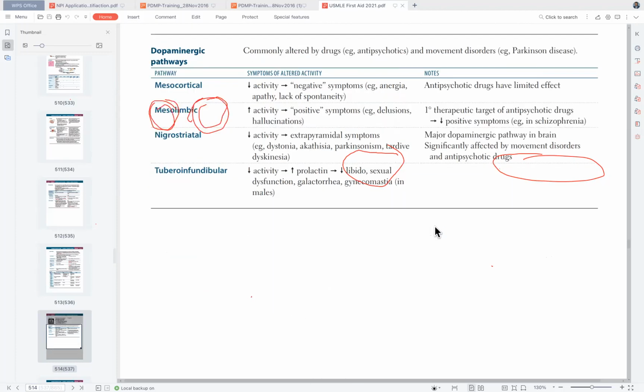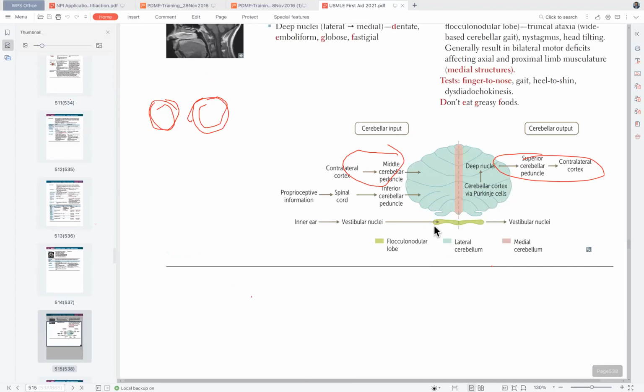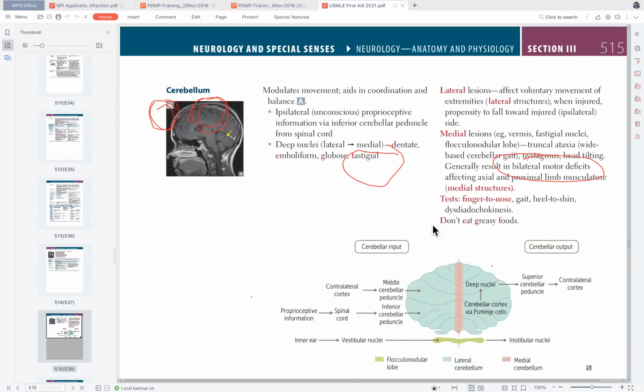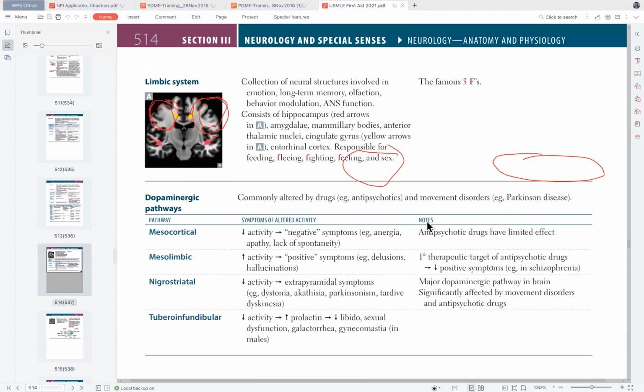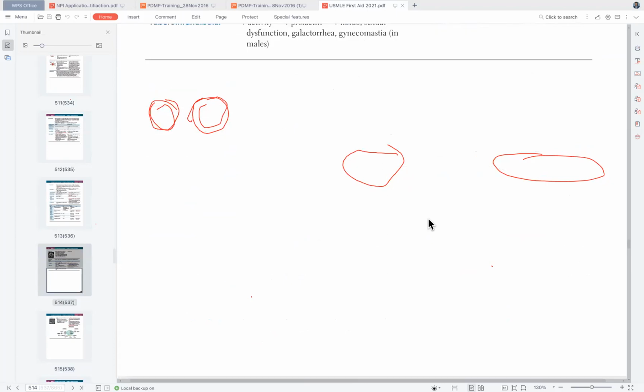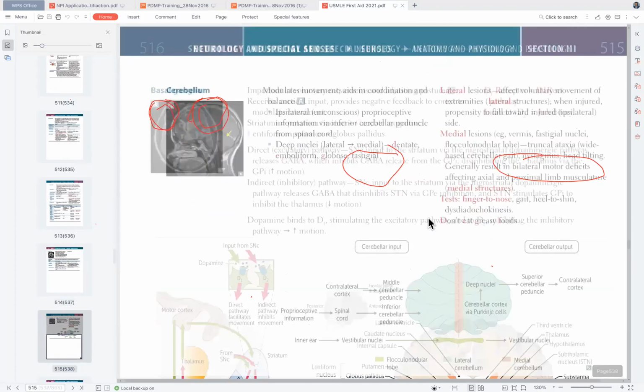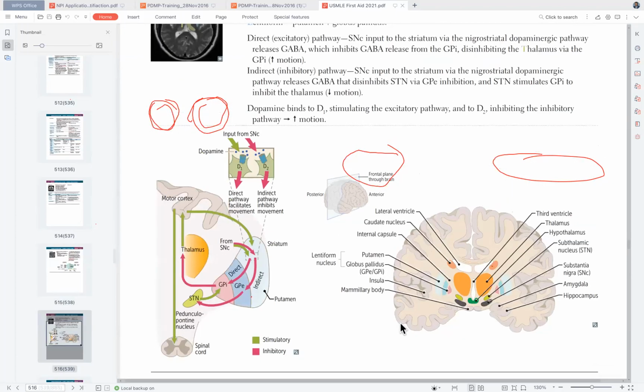let me see, I think it's on the next page. It looks like they took it from the book. Okay, it's here. Yeah, the basal ganglia.